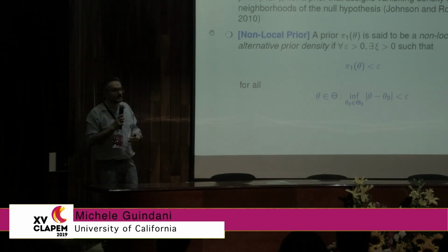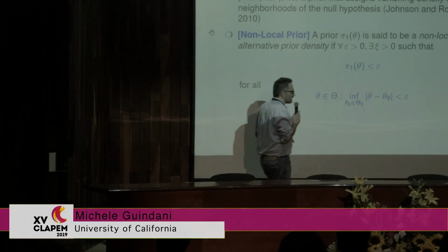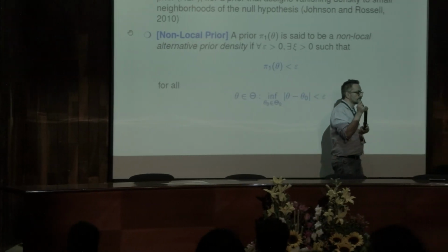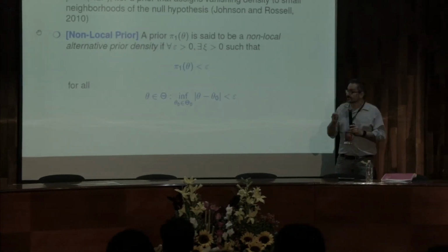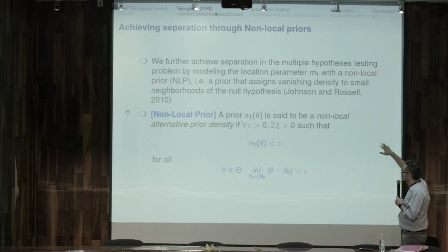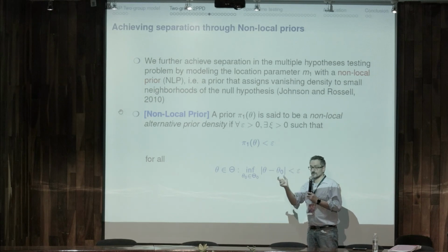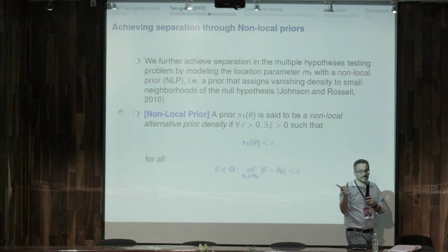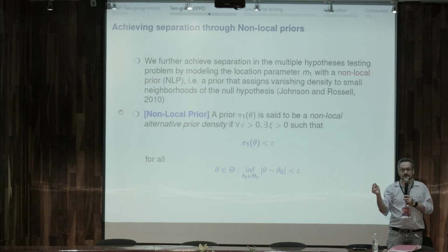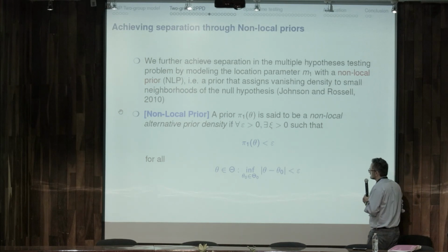So non-local priors have been used, especially in the Bayesian model selection literature, to allow for priors that assign vanishingly small density to small neighborhoods of the null hypothesis, and assign most of their mass far from the null hypothesis, from the parameter space defined by the null hypothesis.